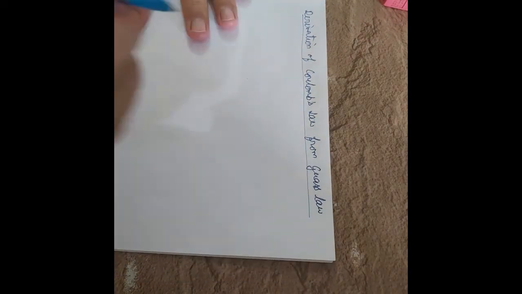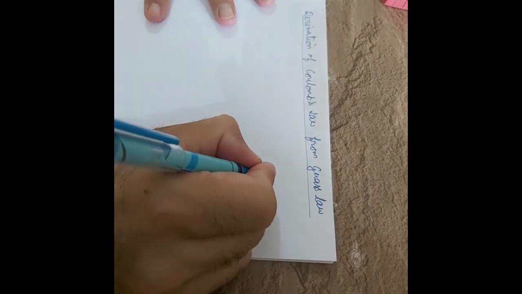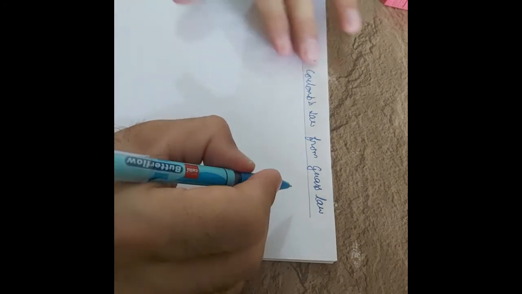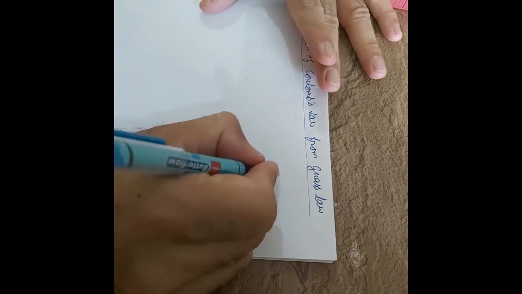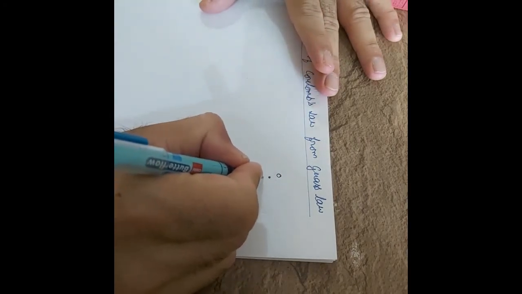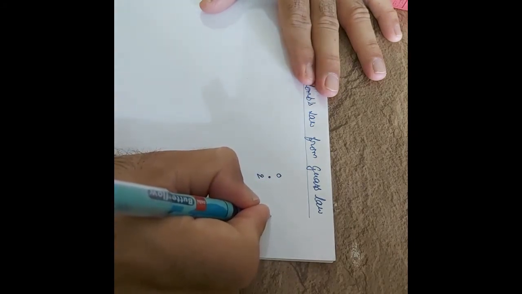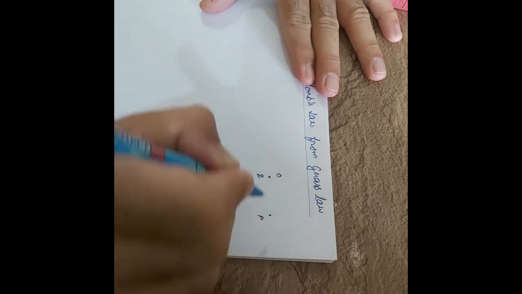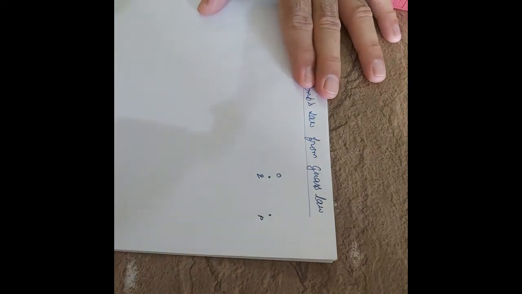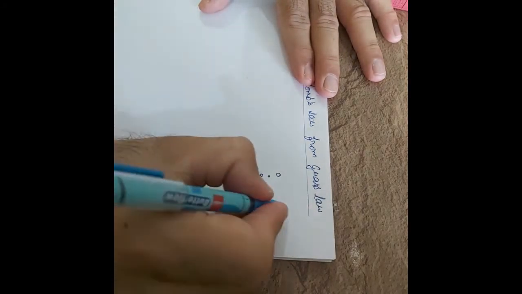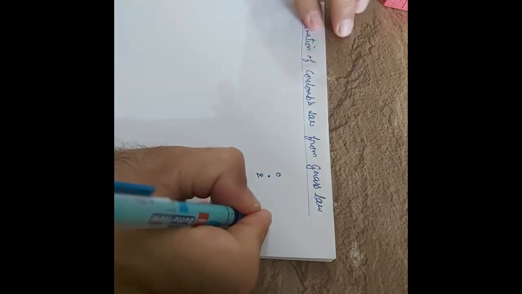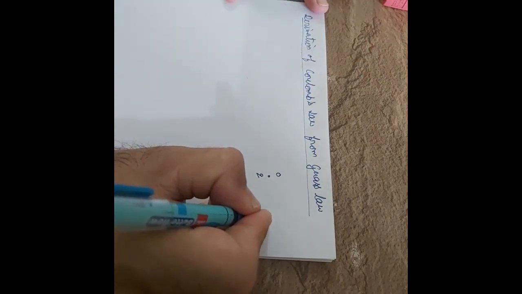It's very simple. Let us consider a point charge at point O. Let us say Q is the point charge. My target is to find the electric field intensity at point P. To find it, I have to apply the Gauss law.